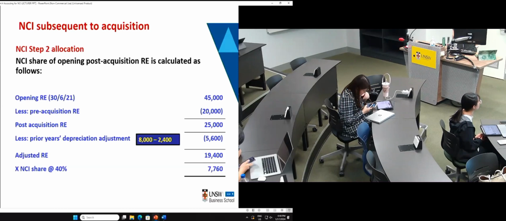Okay? Now, based on the subsidiary's recorded opening retained earnings, 45,000 minus its acquisition retained earnings balance, 20,000, you can see there is a movement in the retained earnings from the acquisition to the beginning of the current year, that is 25,000. But this amount needs to be adjusted.